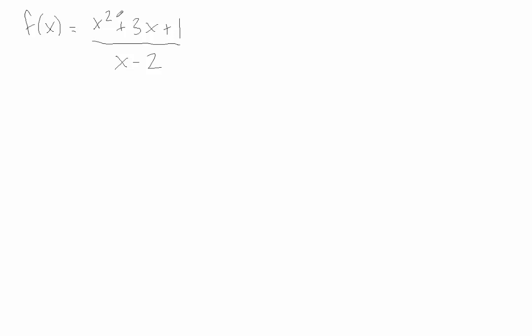So what's going to happen is, as x gets bigger and bigger, the top's going to grow and grow and grow. The bottom's not going to grow as quickly. It's almost the inverse of what happens when we had 1 over x, where the bottom just outpaced the top by so much that it went towards 0.